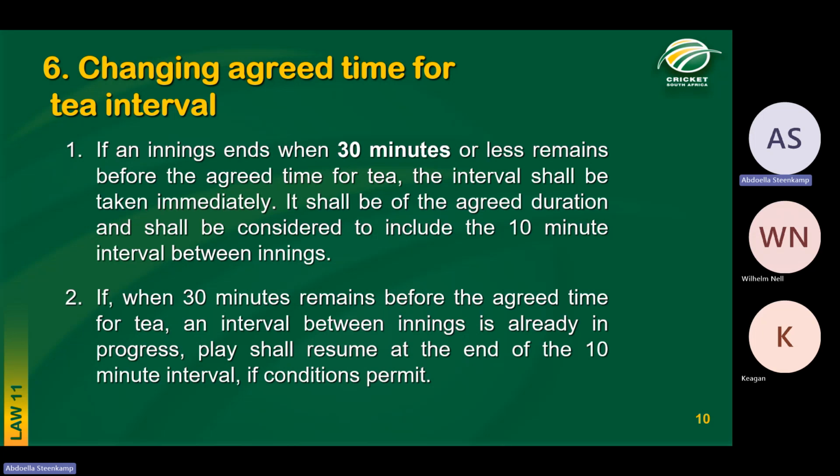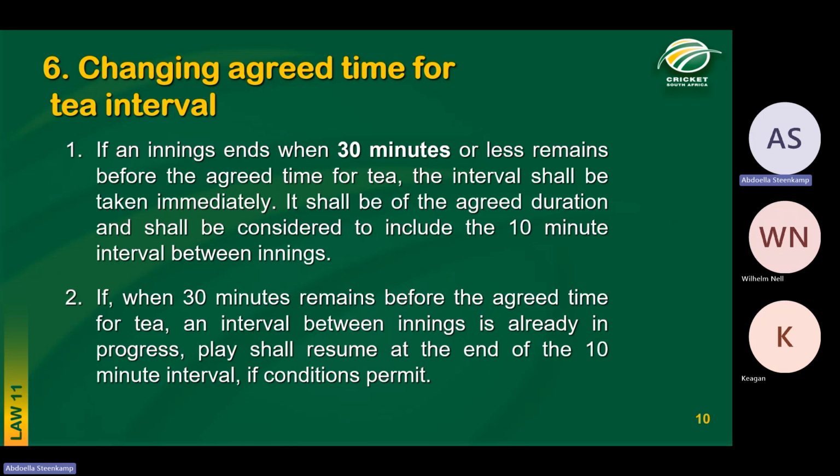So now, point 2 tells us, with 35 minutes to tea when the innings ended at 14:25, the change of innings interval will be from 14:25 till 14:35. That's a 10-minute change of innings interval. But now at 14:30, what does the law say?